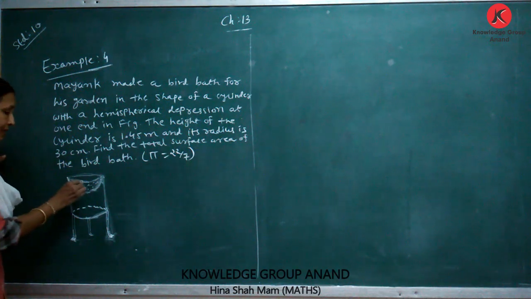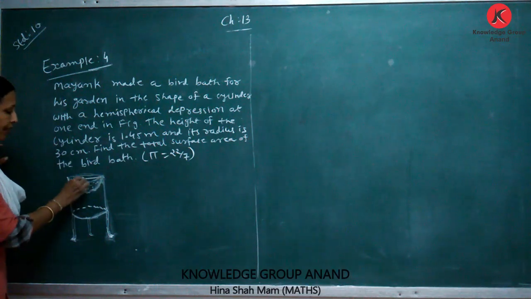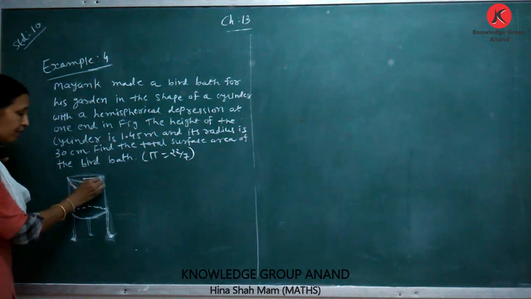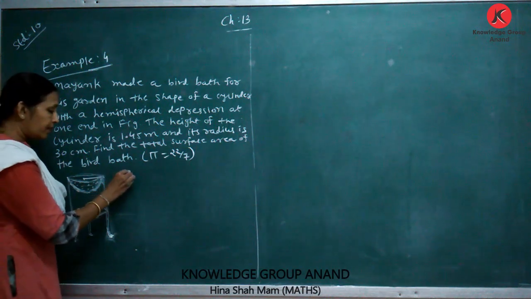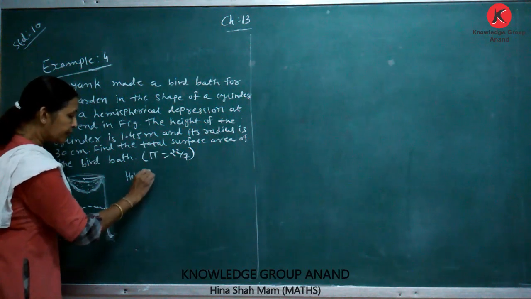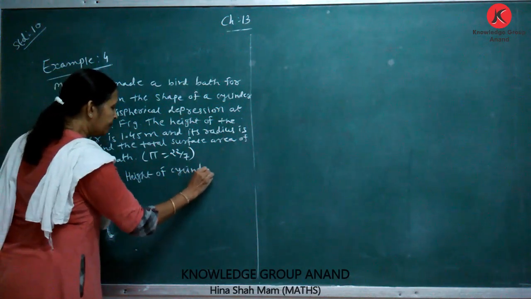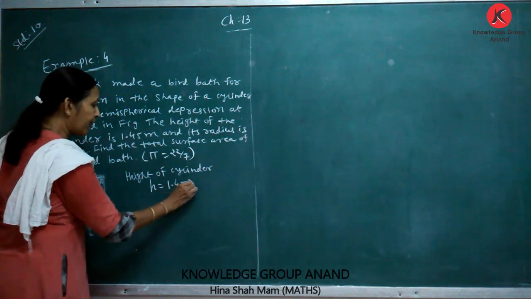But here, the radius of the hemisphere is equal to the radius of the cylinder. Both are the same. Therefore, the height of the cylinder, h, is equal to 1.45 meter.